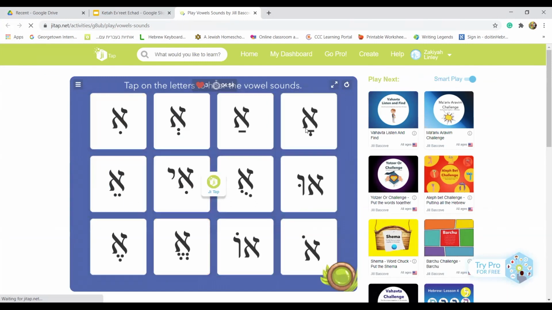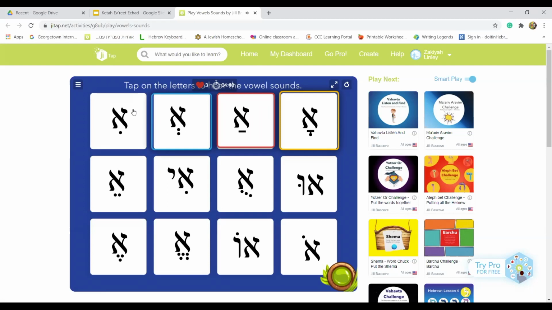And if you click it, it'll tell you the sound that it makes. Silent or E. E. U. U. E. A. O. O. E.